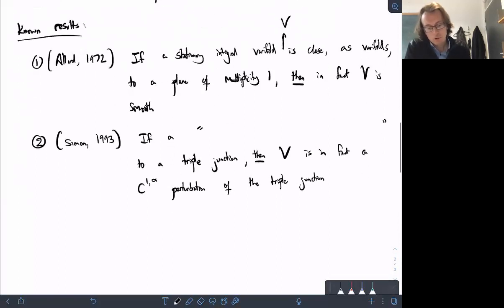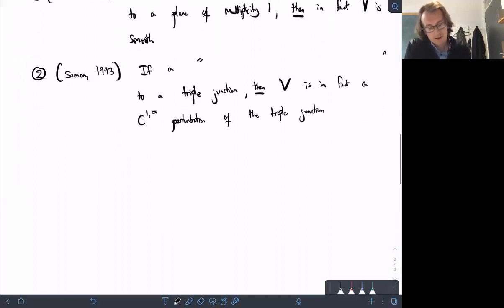What I mean by this is that if I have a triple junction, let's just look at the cross section, something like this. If I'm sufficiently close to this, then along the singular axis of the cone, I can find a graph over the singular axis, which defines the singularities of V. Maybe it's better if I draw a two-dimensional picture to make it clearer.